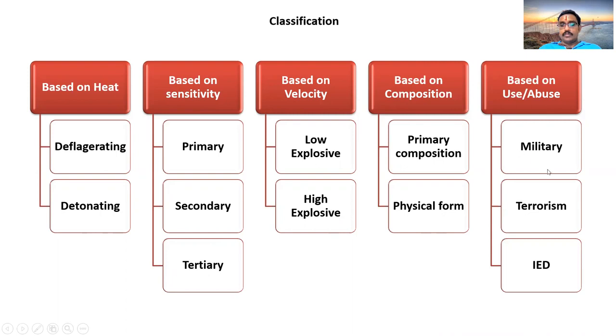Based on use or abuse, we can have military explosives, terrorism explosives, or IEDs. The most common classification is the one based on velocity. We would be studying how we classify explosives as low and high, what the different attributes of low and high explosives are, and how we go about it when we have a case where we are encountering either a low explosive or a high explosive.